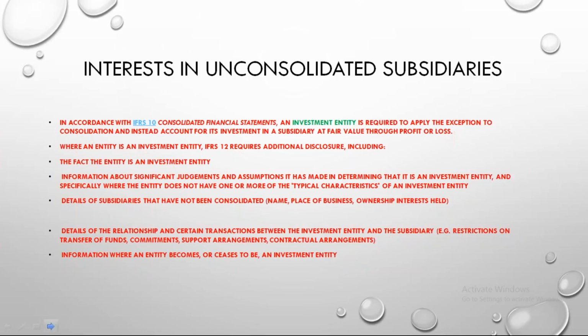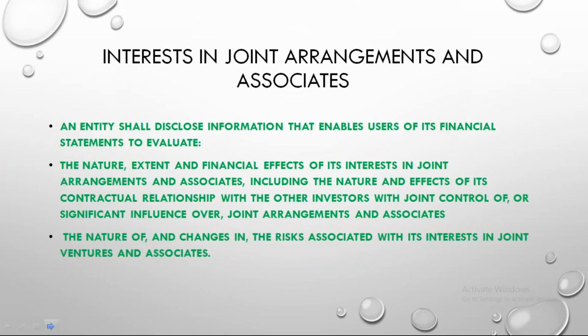Wherever that is done, you have to give the details of those things which have not been consolidated: the name, place of business, ownership, and any arrangements that we have. And whenever you cease to be an investment entity, that also must be disclosed.